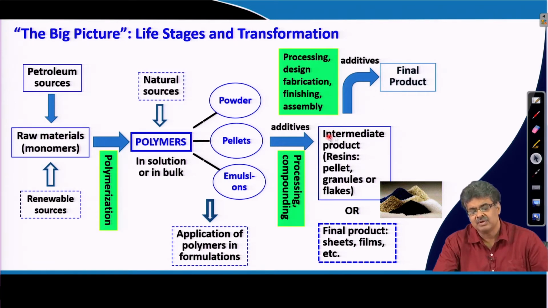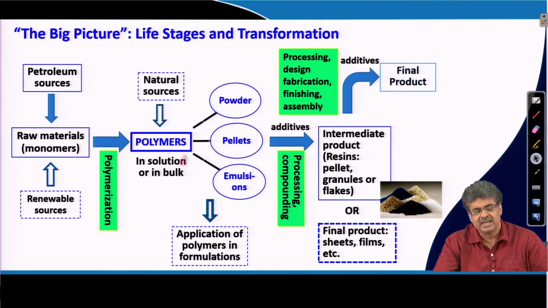Now, I also want to make a point in this slide that generally polymer producers or polymer manufacturers do not actually sell the final product. For example, a company like Bayer which makes polycarbonate does not sell the final product of a DVD or CD or a car headlamp and so on.